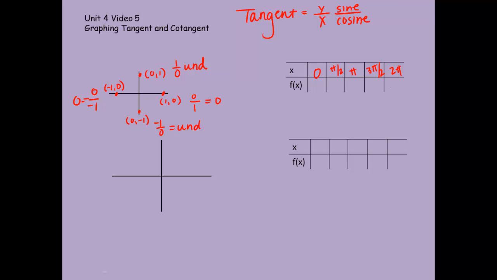We will indirectly, and I'll show you that here. But I would have then 0, undefined, 0, undefined, and 0.